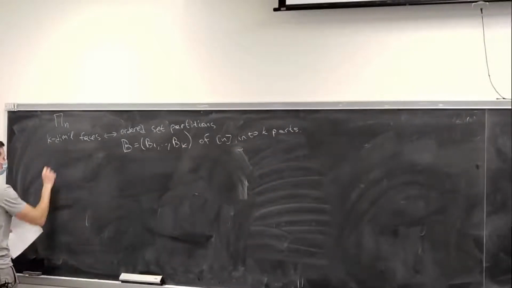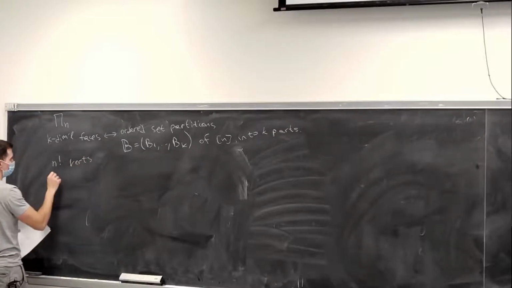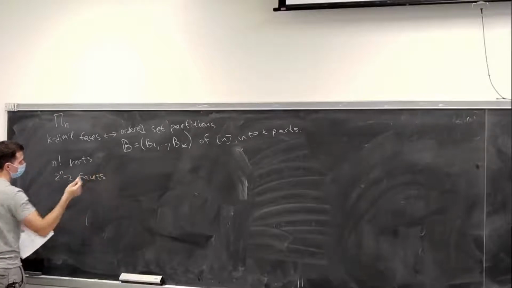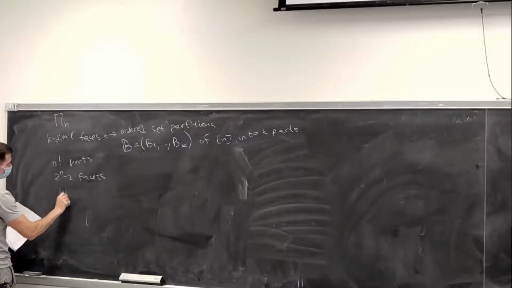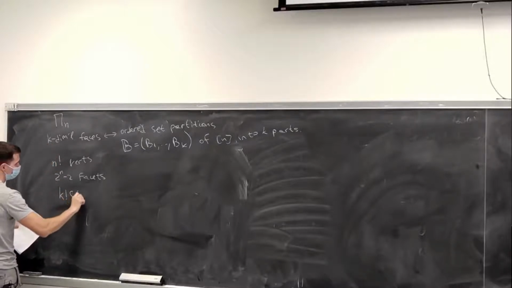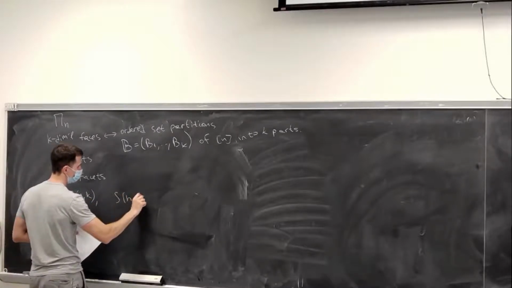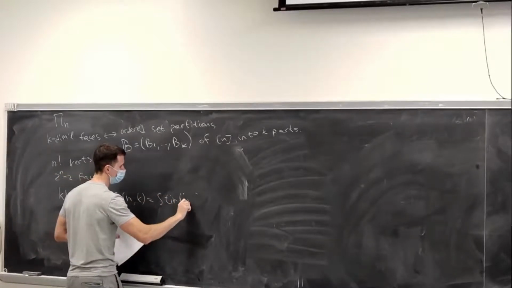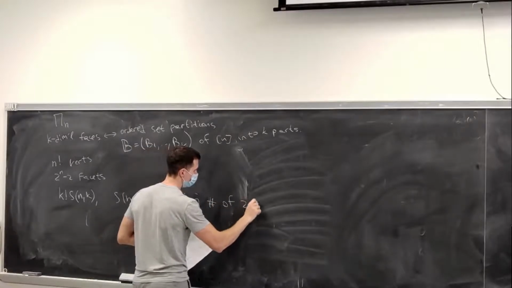In particular, there are n factorial vertices and 2 to the n minus 2 facets. And in general, for arbitrary k, what you get is k factorial times S of n comma k, where S of n comma k is the Stirling number of the second kind.